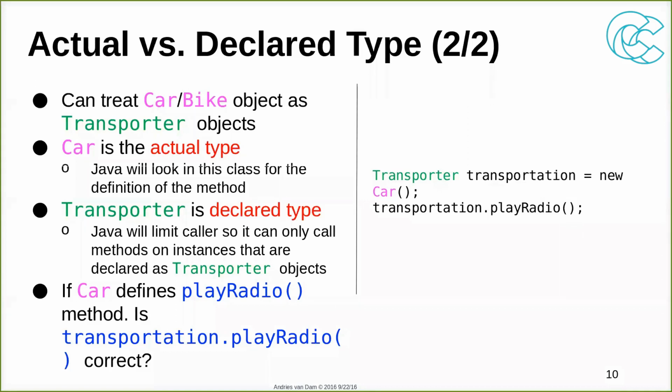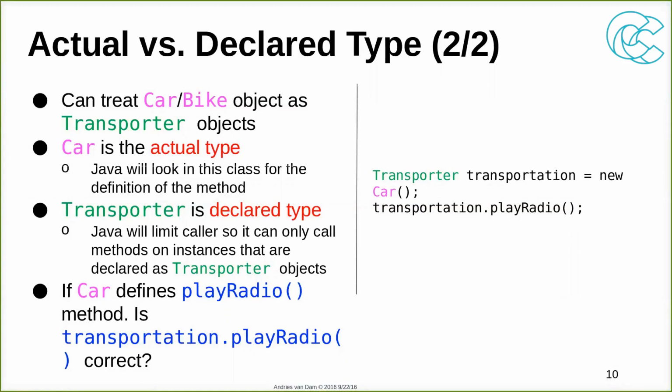Transportation has nothing to do with the color, right? So you're only focusing on the transportation mechanism. In the color interface, we are only looking at the things that are related to the color. It doesn't have to do anything with transportation. So that's why they need to be separate.